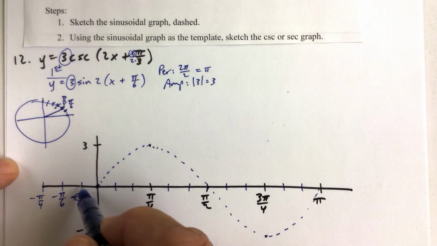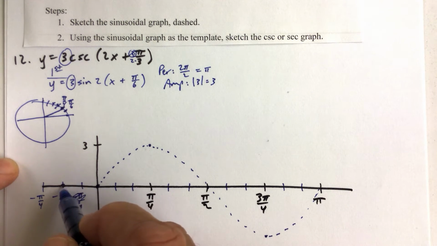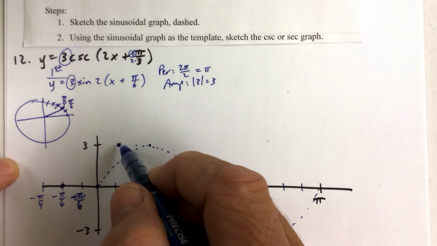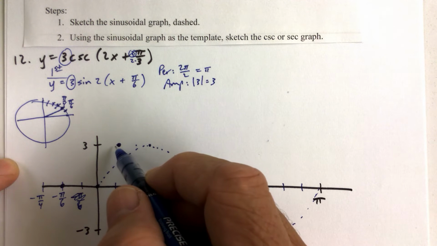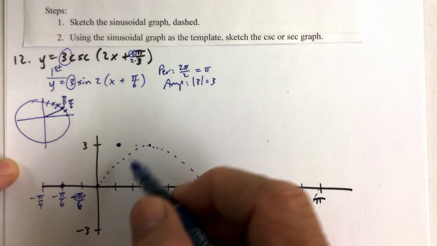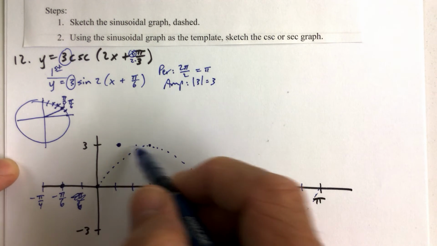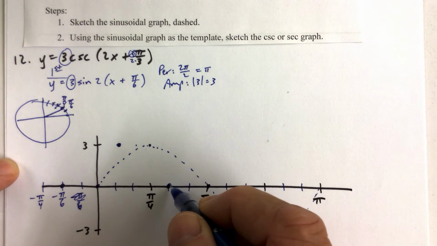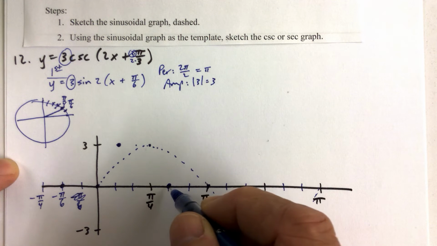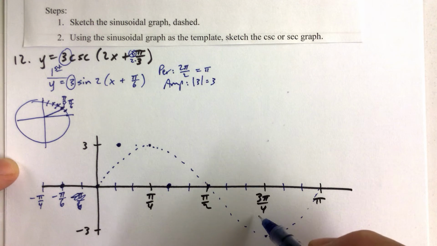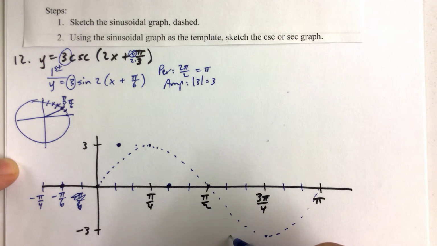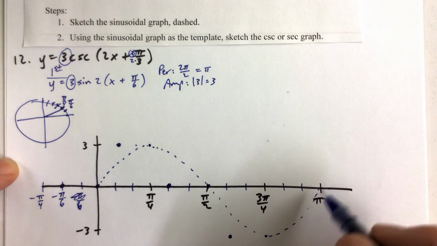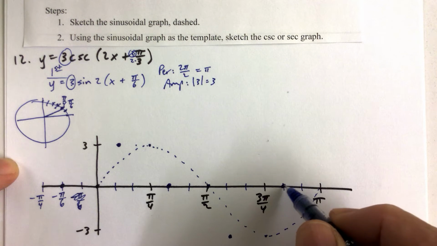Negative pi over 6 would be 1, 2 right there. And then this point would go over 1, 2 pi over 6's. So that would be 2 sections, 2/3 of the way to the left. And then we have this point here, which moves to the left 2 sections. And then each point moves to the left 2/3 of the way to the next real number that's listed here. And same with this guy here, 1, 2.